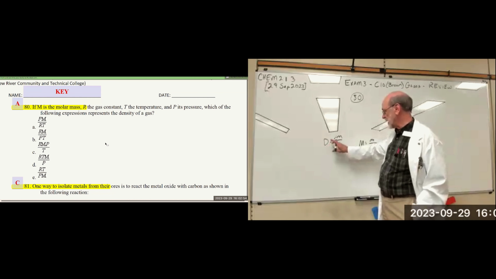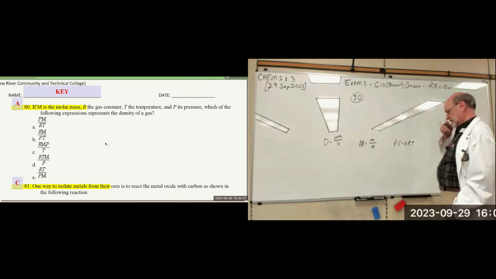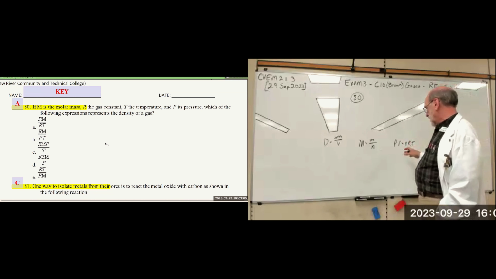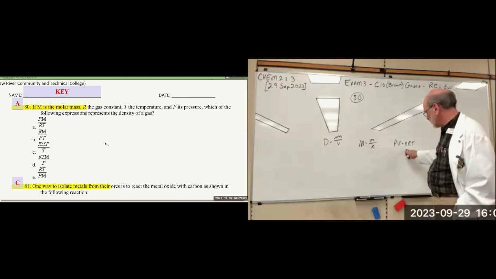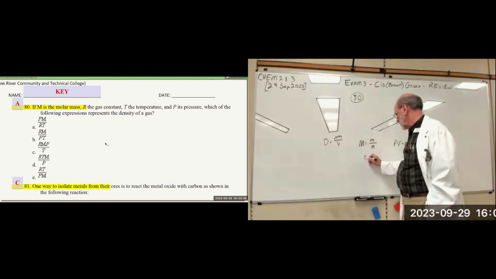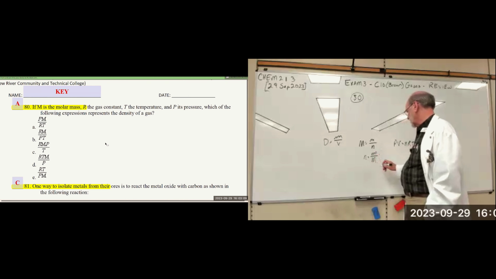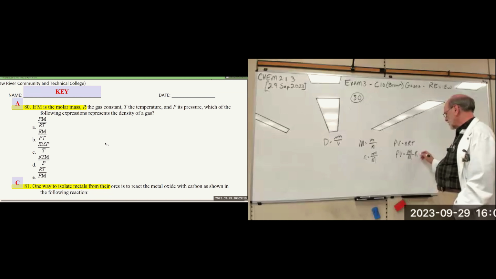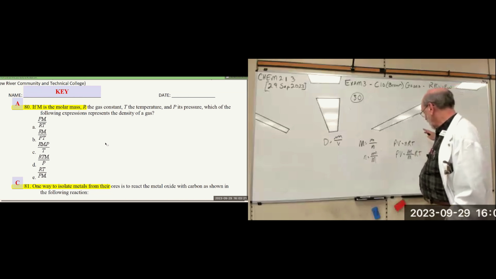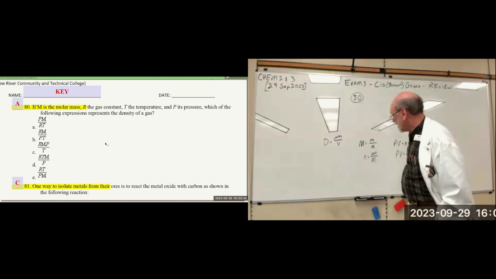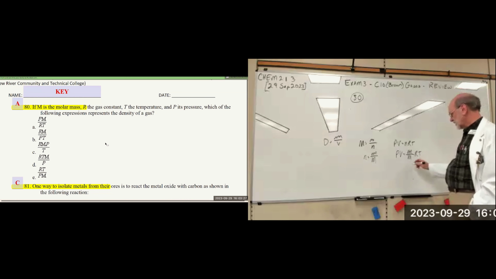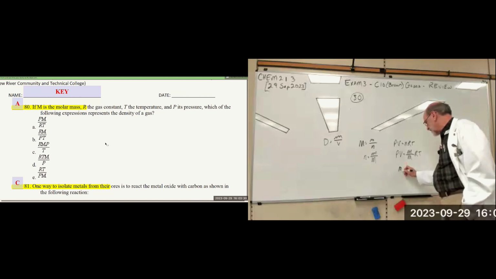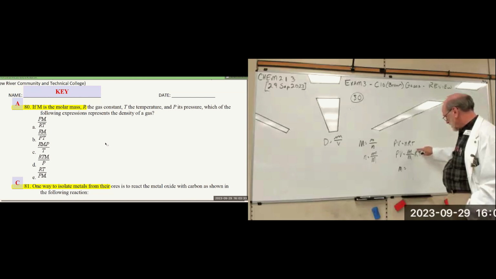We want to get to this point and have something over here. So if we solve this one for moles and put it in here, mass over molar mass, and stick it in here, PV equals mass divided by molar mass times RT. And then we want to solve for mass and put it in there. So keep mass on this side and put PV. This is in the denominator here, it's in the numerator there.